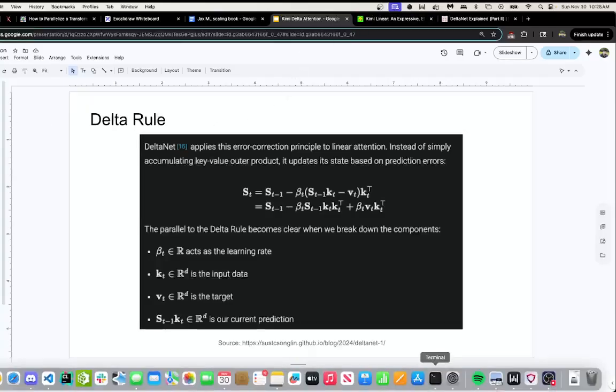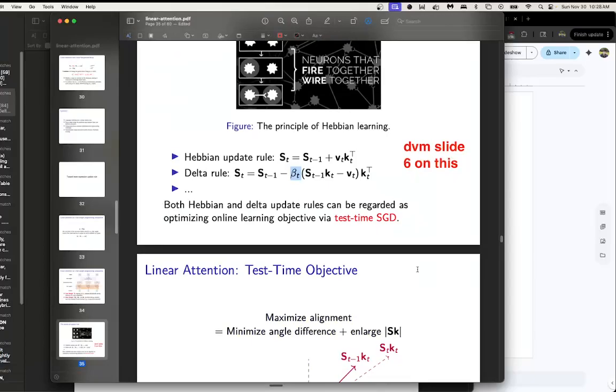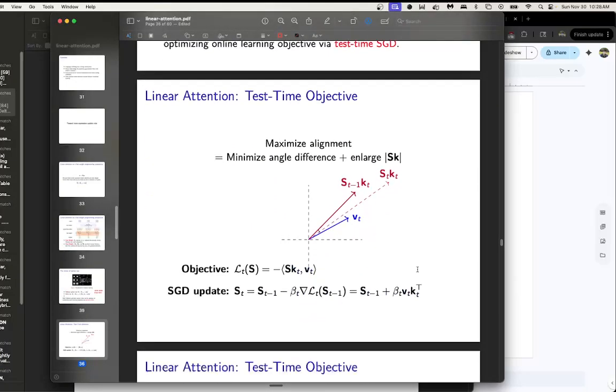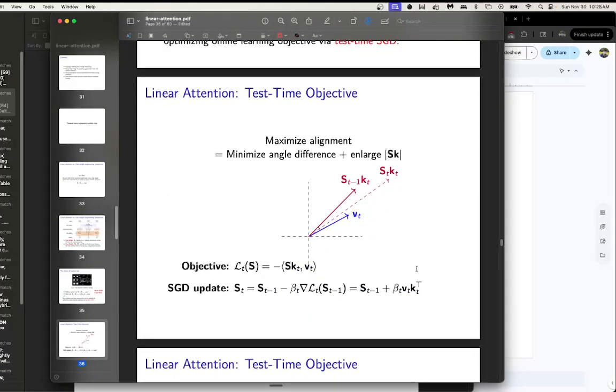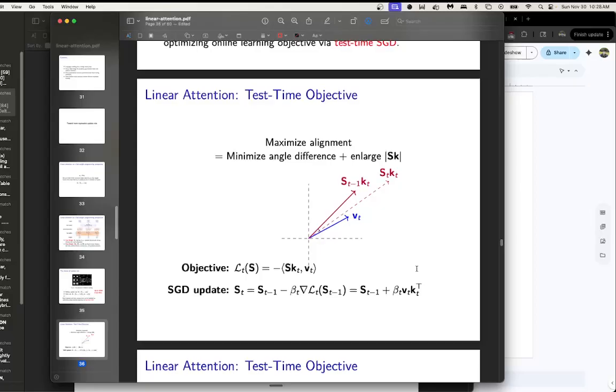So yeah, going back to the slides here, if we're looking at what the actual objective is here and why the delta rule might be better than the Hebbian update rule, when we query S with the column vector K_t, we would like it to map to V_t, right? Sort of as this compressed representation of the KV cache.